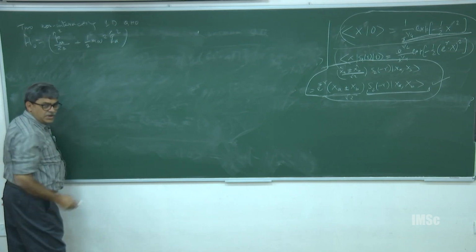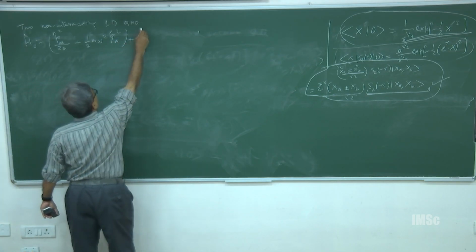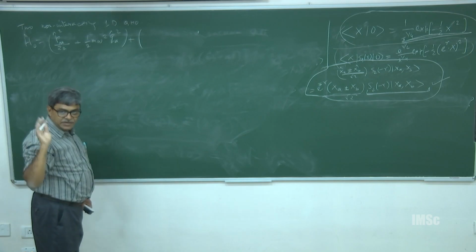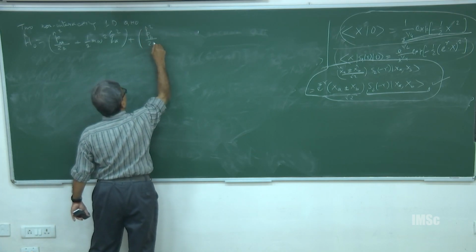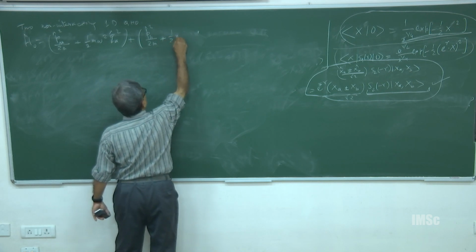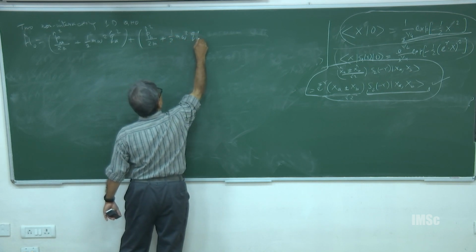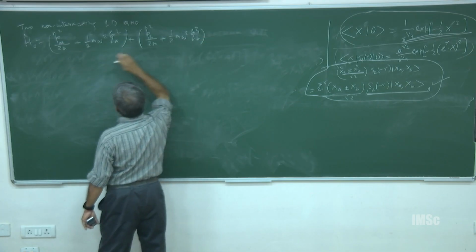This is for the first one. I am taking the frequency and mass the same. Plus Pb square by twice m plus half m omega square qb square, and of course they are independent.